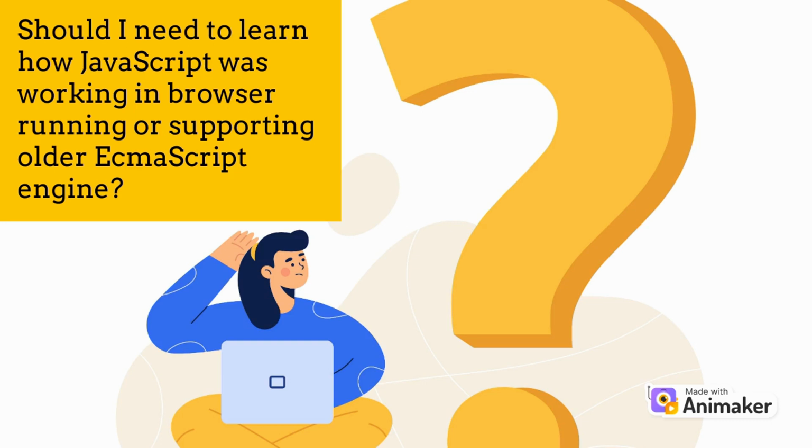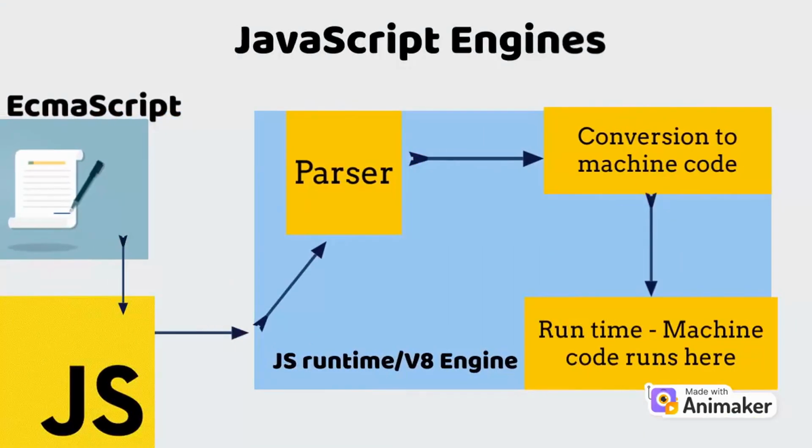Let's discuss the JavaScript engine. A JavaScript engine is a software component that executes JavaScript code. JavaScript engines were like interpreters, but all modern JavaScript engines use just-in-time compilation to improve web performance.